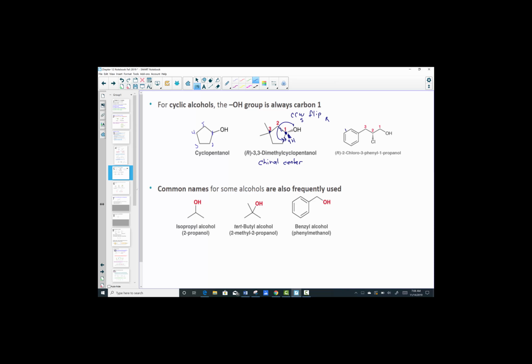So at carbon number 3, we have 2 methyl groups and a cyclopentanol. At carbon 1, we've indicated the chirality is an R. We do not put the 1 in the cyclic structure because we already know that it's at the only chiral carbon, and it's always at carbon 1.